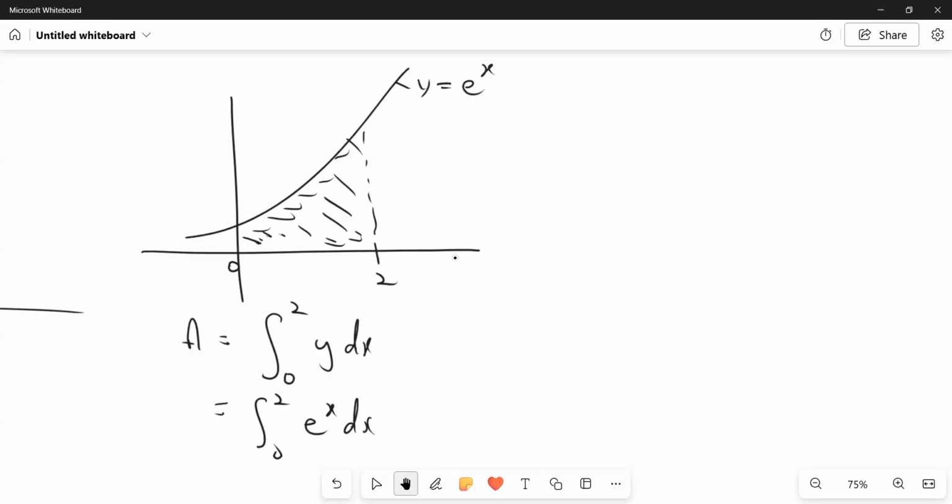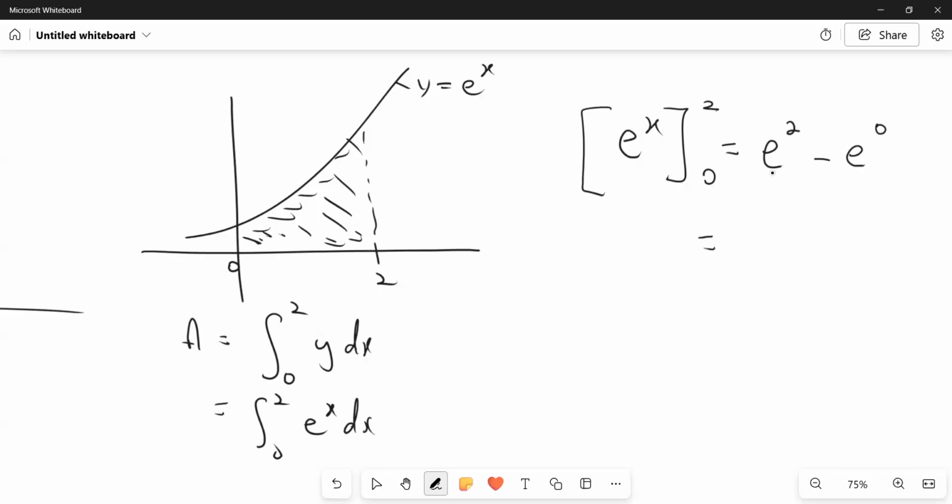And you integrate e to the x, you get what? E to the x, simple, right? From 0 to 2. And how do you fix this now? This means e to the 2 minus e to the 0. You simply substitute 2 in place of x and then 0 in place of x, and you subtract.